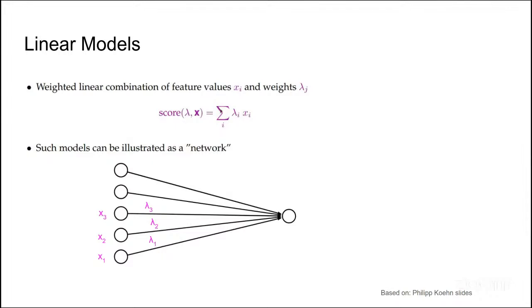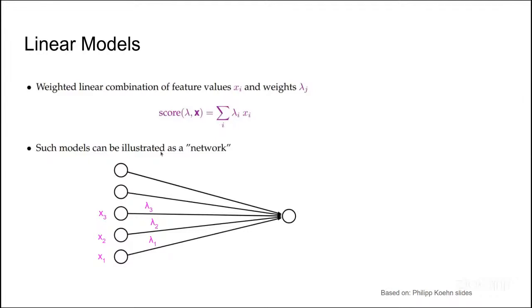Your linear model simply becomes the sum over lambda i times xi. x is a vector of some instance: x1, x2, x3, x4, and lambda is the weight. So the sum of lambda i times xi is a linear model, right?